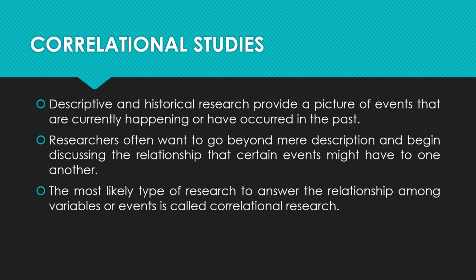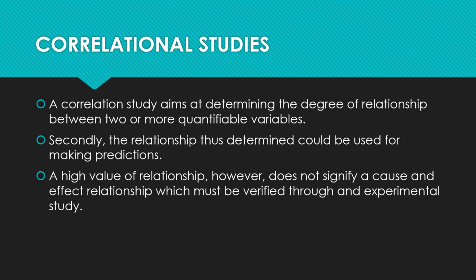So this is when we want to investigate the relationship between more than one variable. This study also aims at determining the degree of relationship between two or more quantifiable variables.